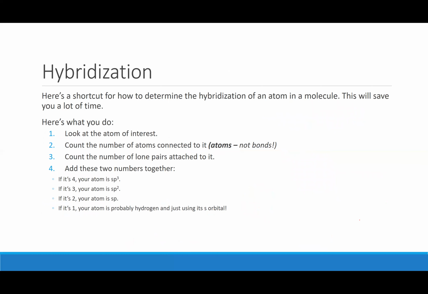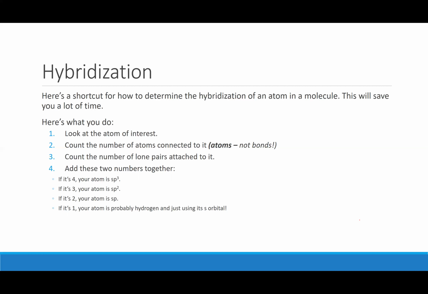Now that's a lot on the theory and when you may see these structures, but a shortcut for organic chemistry to determine the hybridization of an atom in a molecule is this. What you're going to do is, number one, look at the atom of interest, whatever that may be, if it's a carbon or it's a chlorine or it's a hydrogen. You're then going to count the number of atoms connected to it.